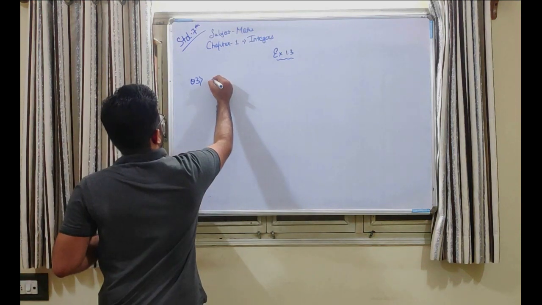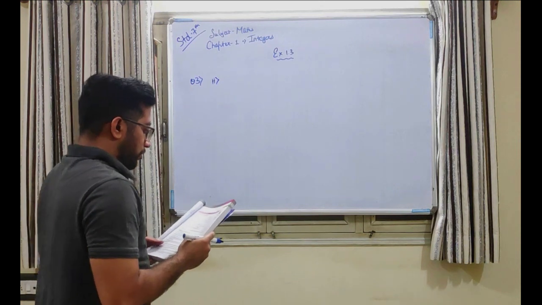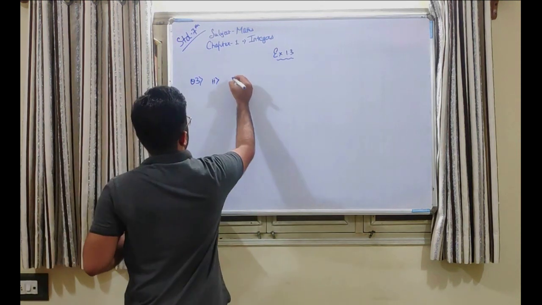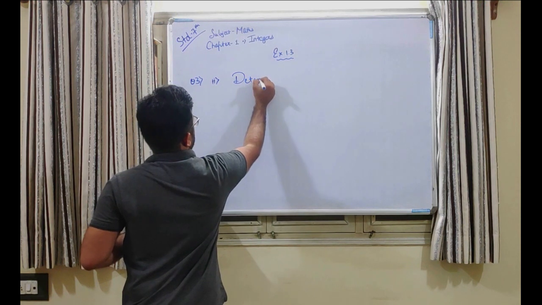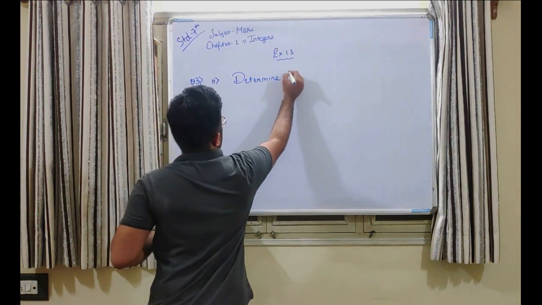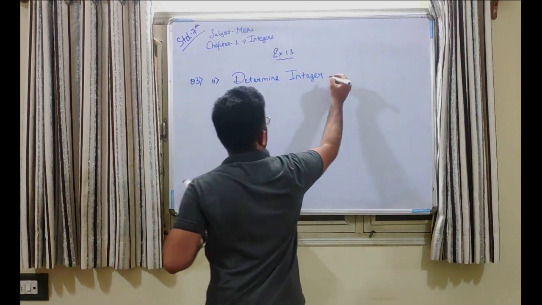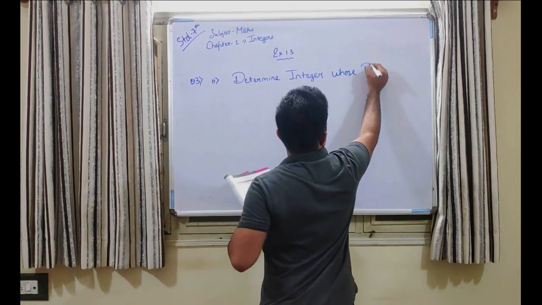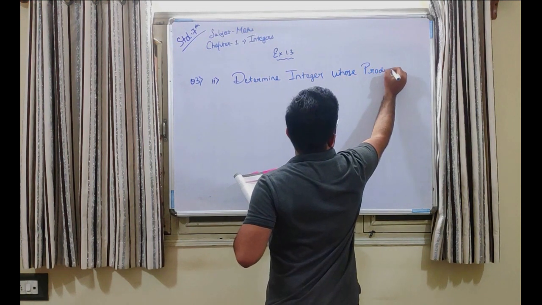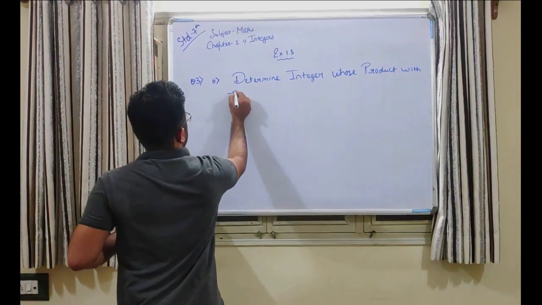Now for the second part of the third question, determine the integer whose product with minus 1 is minus 22.